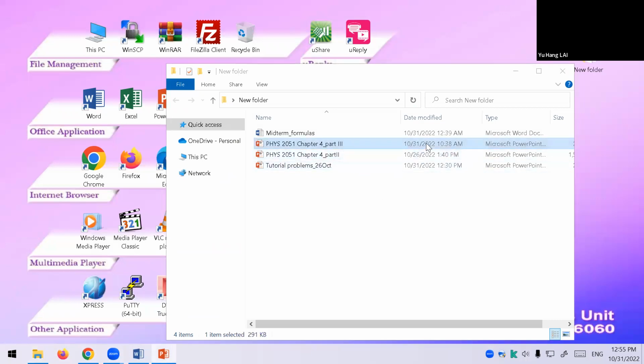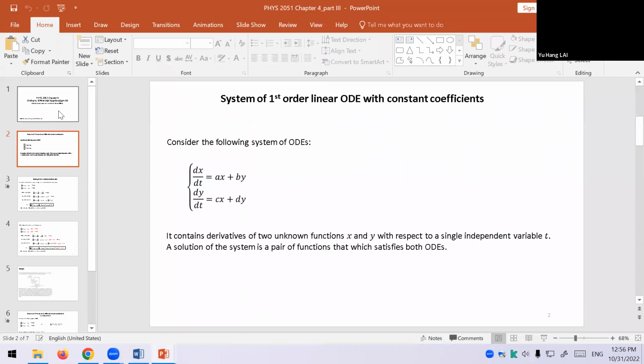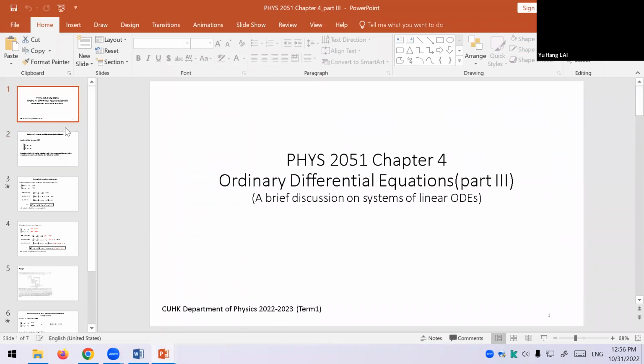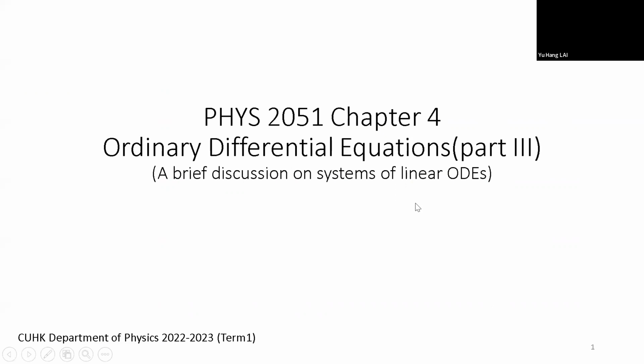Okay, so now let's move on to part 3 of this chapter, which is a short part, but will be somehow related to the next chapter. Here, what we'll talk about is not just one single differential equation.